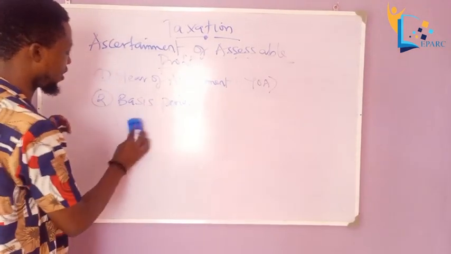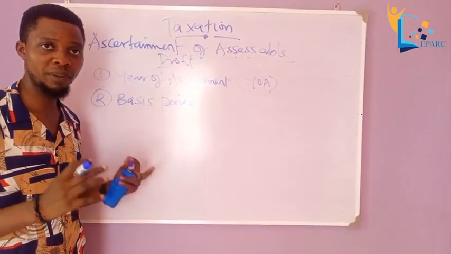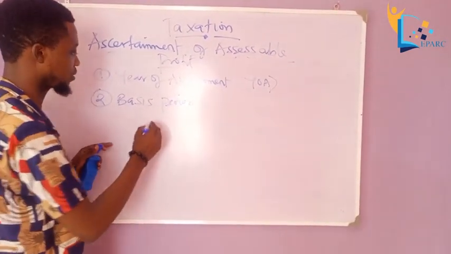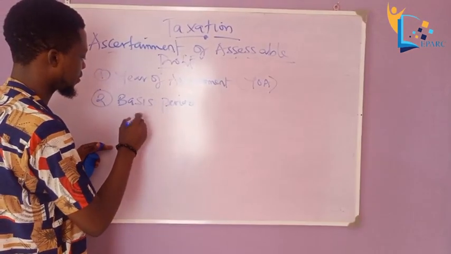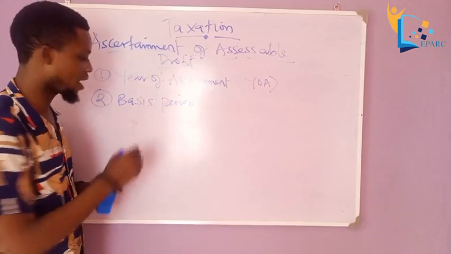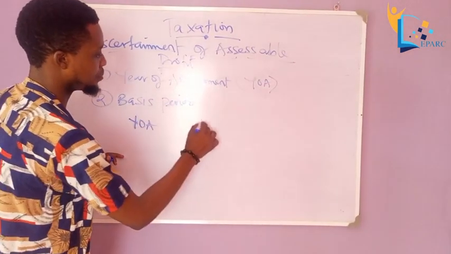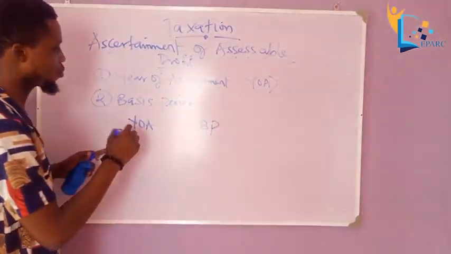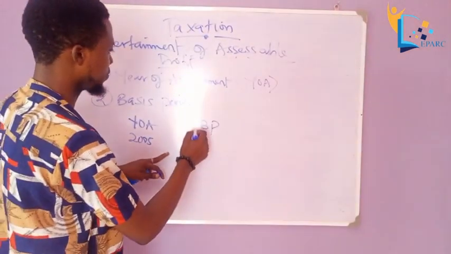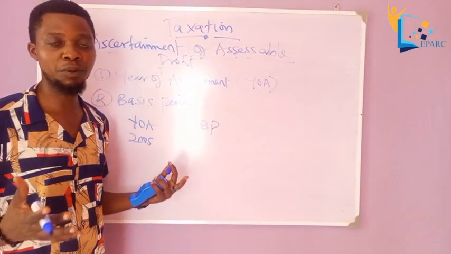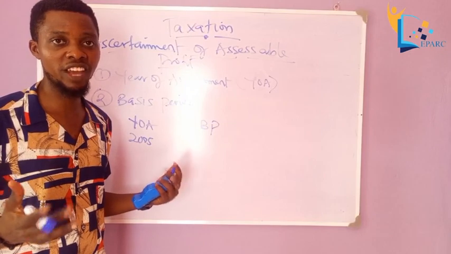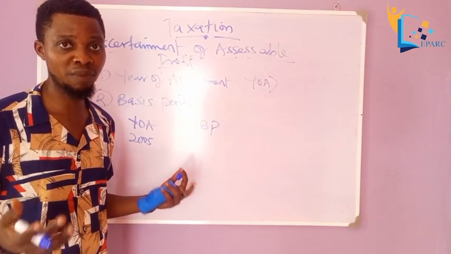Let me make it clearer, in order for us to have a better understanding of what year of assessment and basis period is all about. So we have year of assessment and basis period. Let's say Chinedu Enterprise prepares an account every end of March, 31st of March every year.